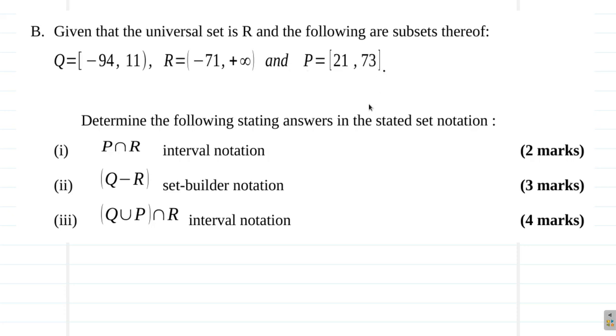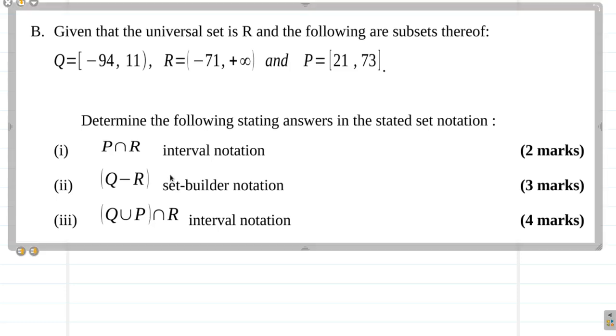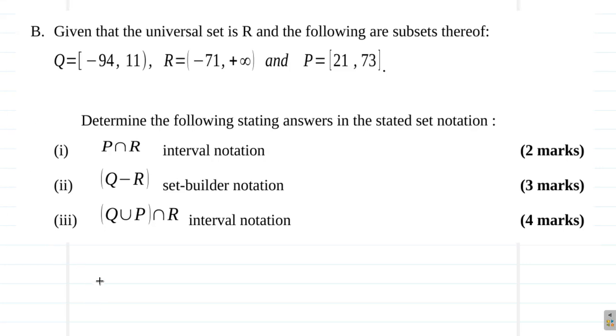All right, determine the following, stating answers in the stated set notation. Okay, P intersect R in interval notation. Now, when you look at P, it is [21, 73].